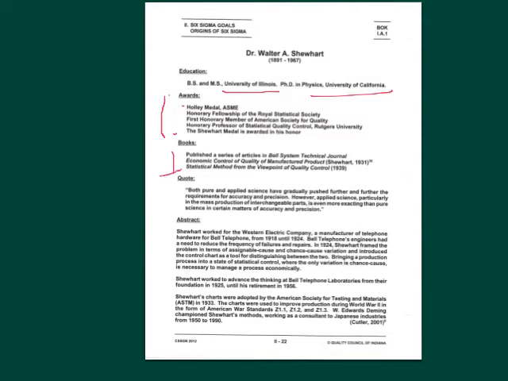And third one, Statistical Method from Viewpoint of Quality Control. So these are few of his published books. And the quote that's listed here and the abstract, we're going to cover that in detail in slide number 3.